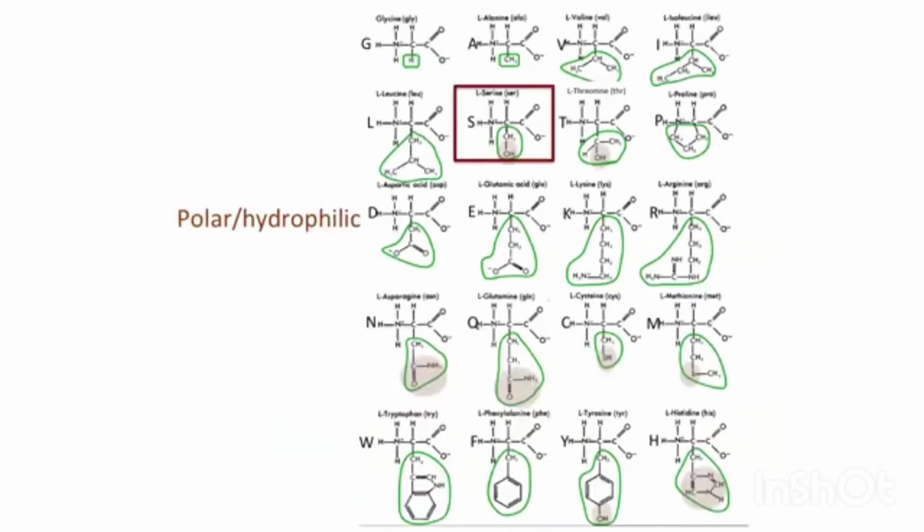These are the polar hydrophilic amino acids that have highlights in a brownish color, and the one that I need you to know is serine. You'll notice that above the name of the amino acid there is, in parentheses, a 3-letter code, and to the left of them a 1-letter code. So serine is abbreviated as SER or as just S.